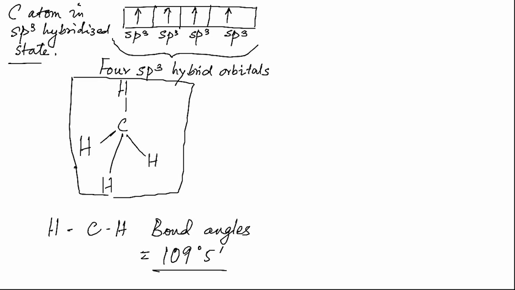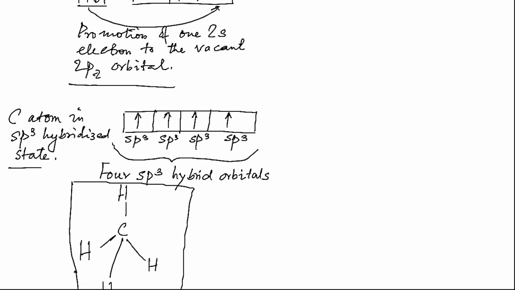There are 4 sp3 hybrid orbitals of the carbon atom in methane. These 4 sp3 hybrid orbitals on the carbon are singly filled, that is, filled with 1 electron each. Each of these hybrid orbitals now overlaps along the axis with the half-filled 1s orbital on a hydrogen atom, and they form 4 CH sigma bonds.